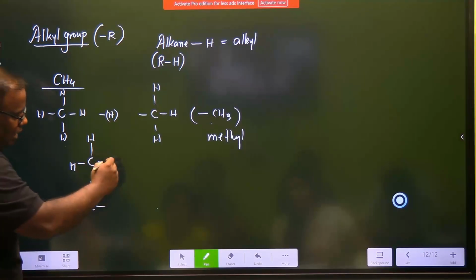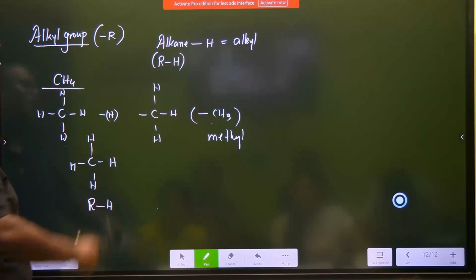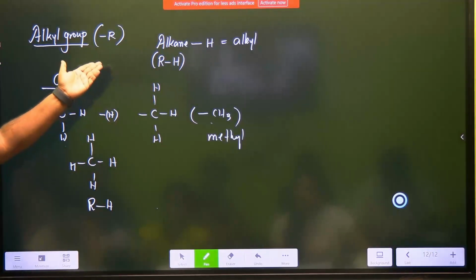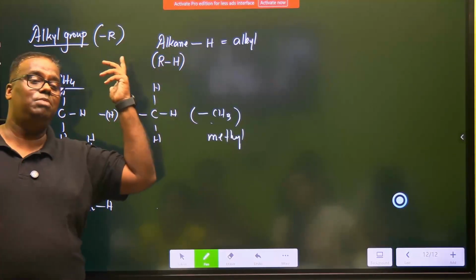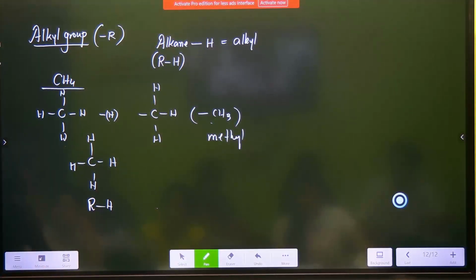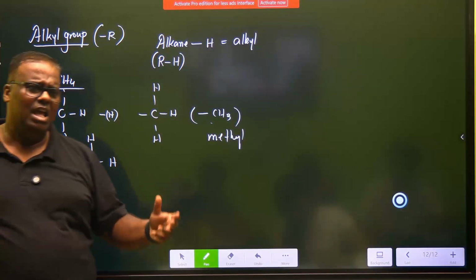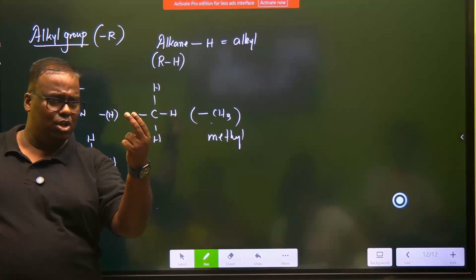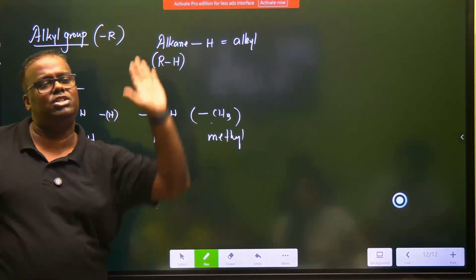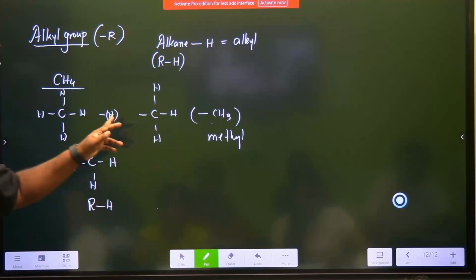I put another hydrogen. So alkanes in grade 11, you will see, will be written as RH. RH stands for an alkane. Dash R means you have stripped out the hydrogen and you have made an alkyl. Is this clear? What is an alkyl? Alkyl is like a jigsaw piece whose only one side is open. You have all played jigsaw puzzles. It can go and attach with its one open side. Shall we see now where to attach it?